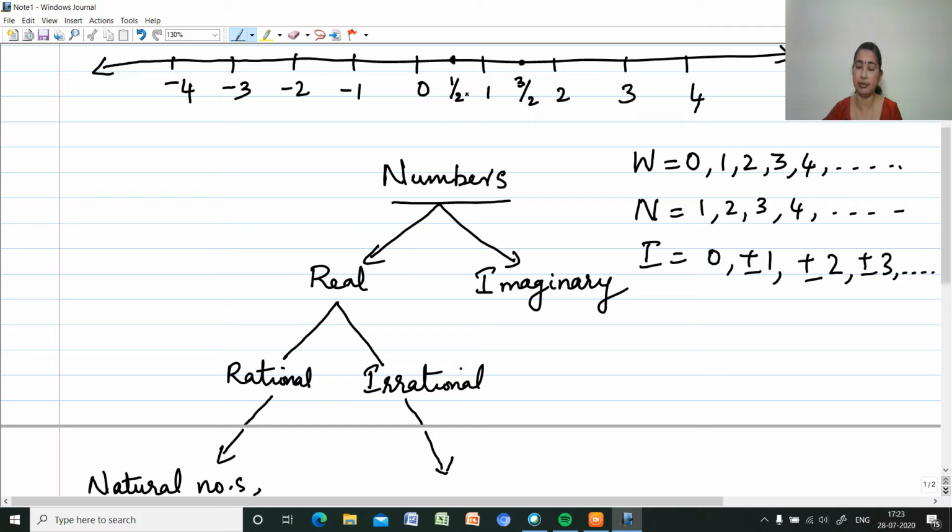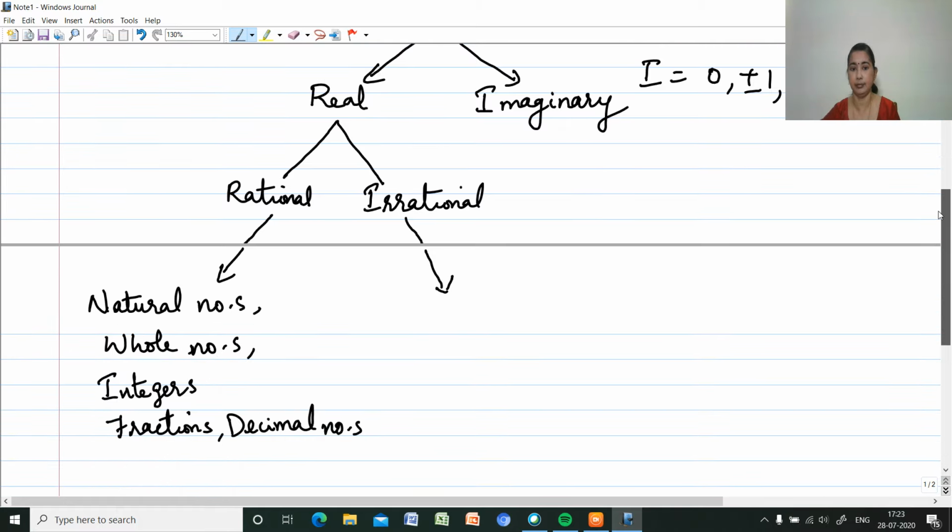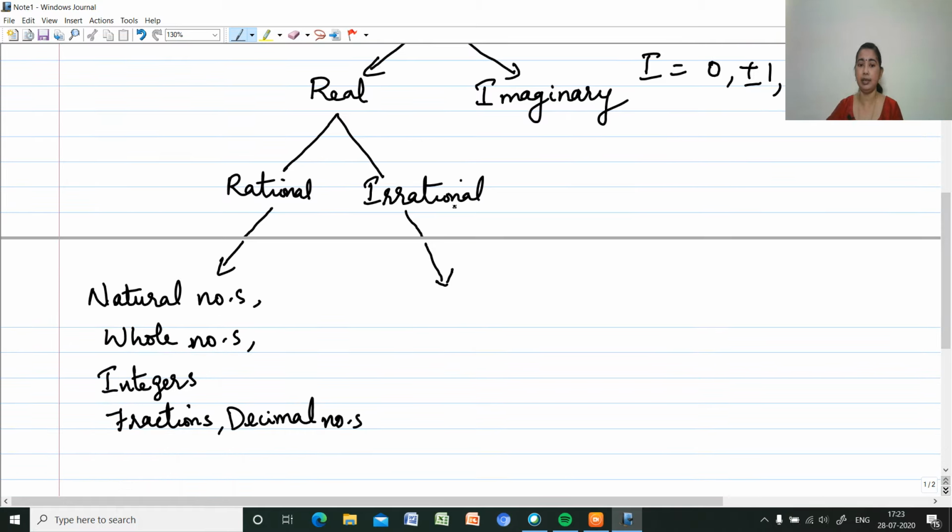Not only 0.5, 1.5, but also 0.1, 0.2, and 3.1. So all the decimal numbers, fractions, natural numbers, whole numbers, everything together we call real numbers. Another part of real numbers is rational and irrational.